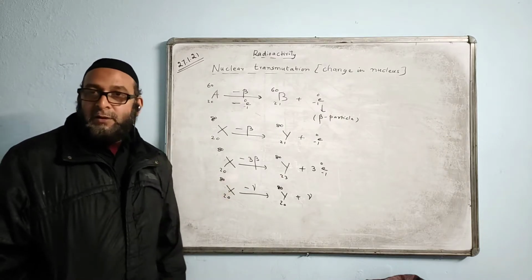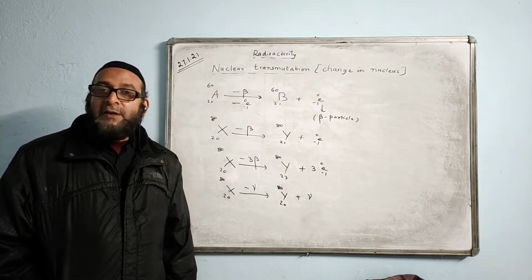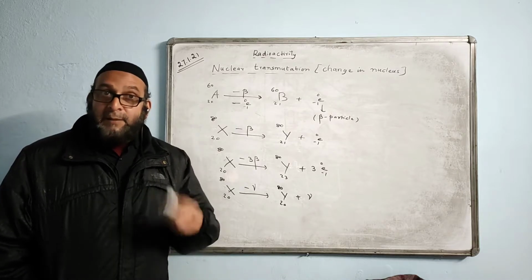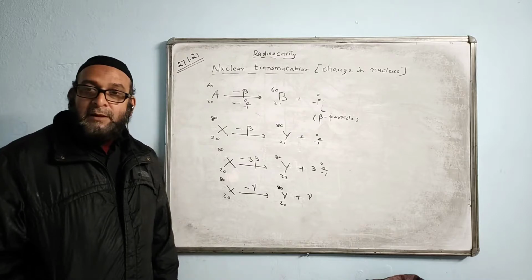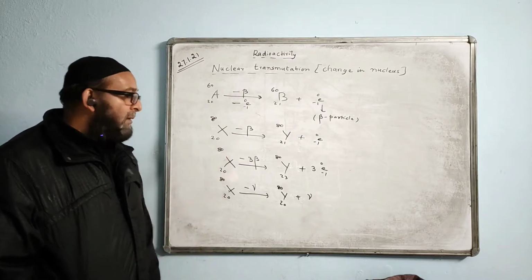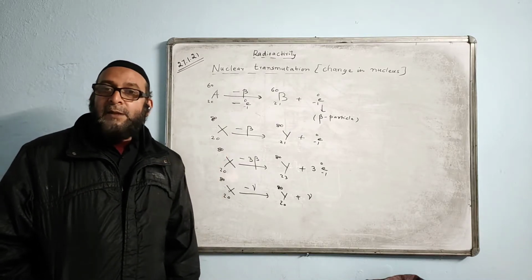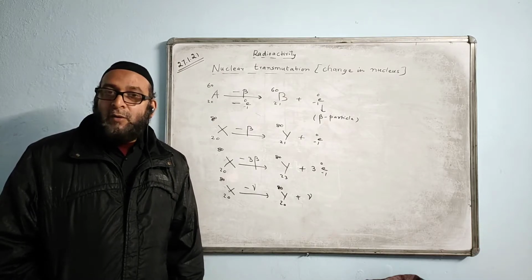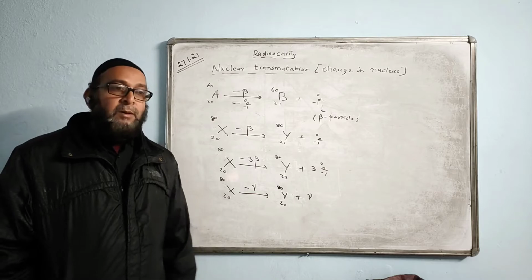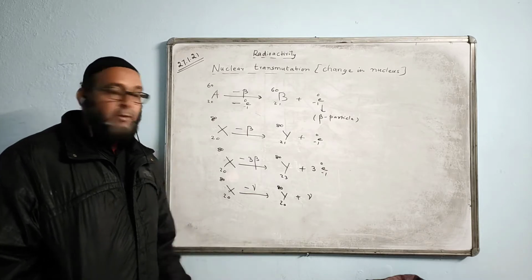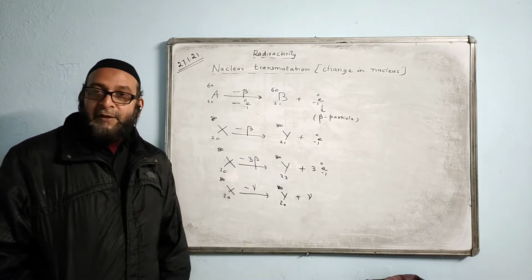Or, during the emission of which radiation does the atomic number increase? We say beta. Or, the emission of which radiation causes no change, neither in the atomic number nor in the mass number? You say gamma, because it is not a particle, it is a kind of wave.